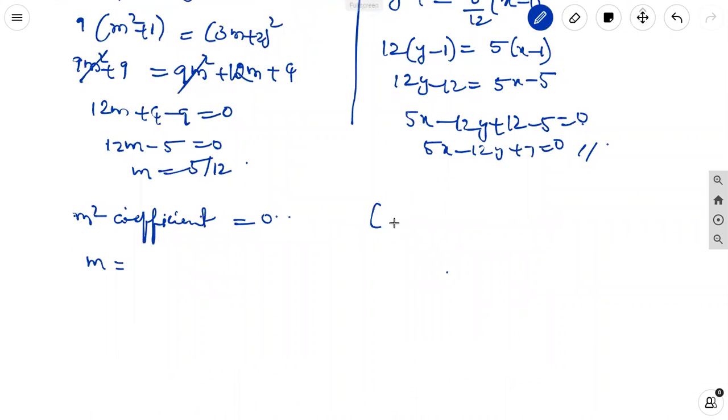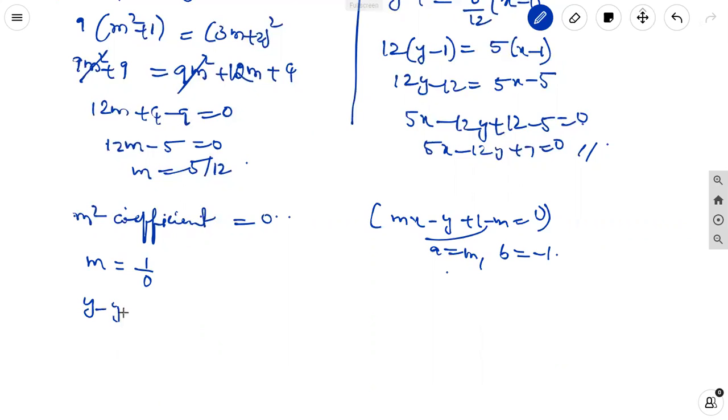In the equation mx minus y plus 1 minus m equal to 0, here a equal to m, b equal to minus 1. If the m square coefficient is 0, then m equal to 1 by 0.